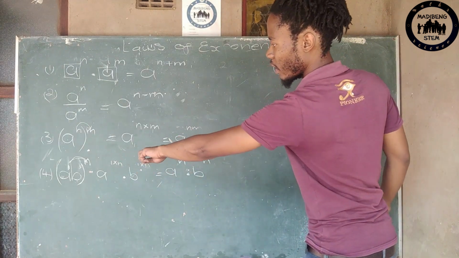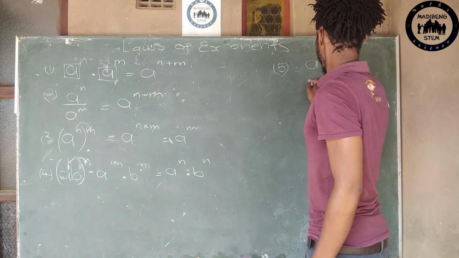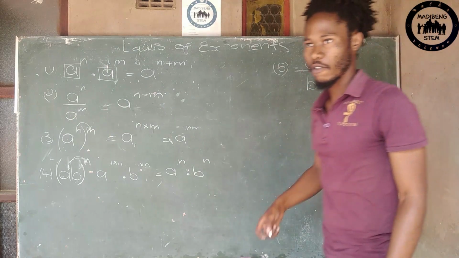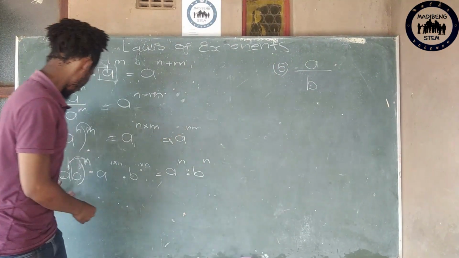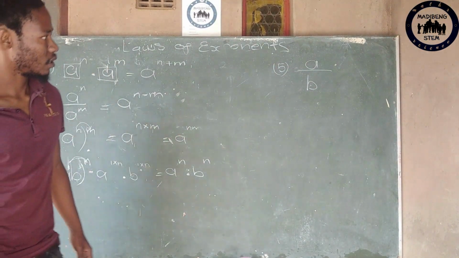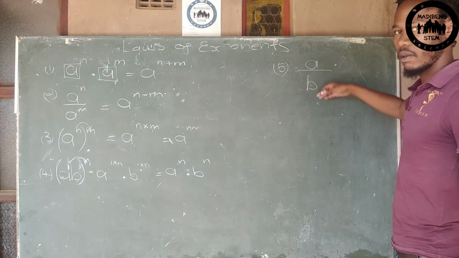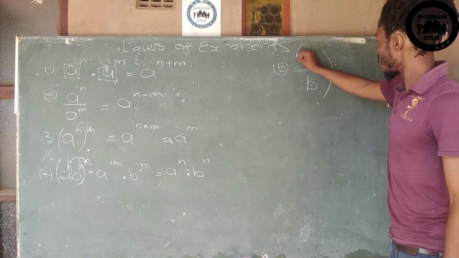Here we multiplied, here we divide powers. If you can see here, we don't have the same base. Even here, you see, we have a and we have b. These are different bases.